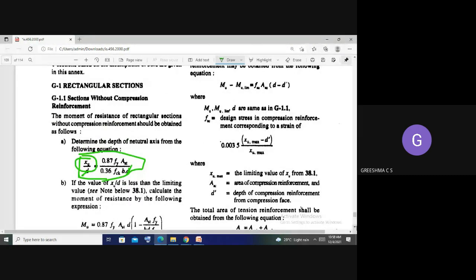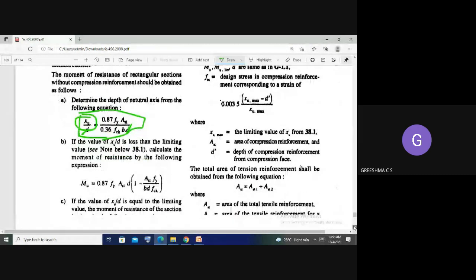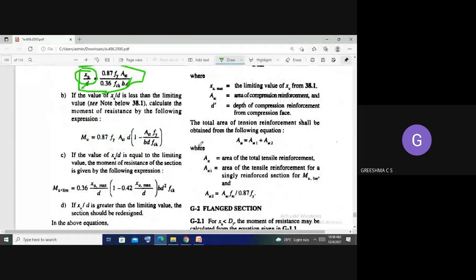In Section G1.1, page number 96, values are given. If x by d value is less than the limiting value, the moment of resistance should be found out by this equation. If x by d value is equal to the limiting value, the moment of resistance of the section can be found out by this expression. If x by d is greater than the limiting value, the section should be redesigned. Three conditions are given.